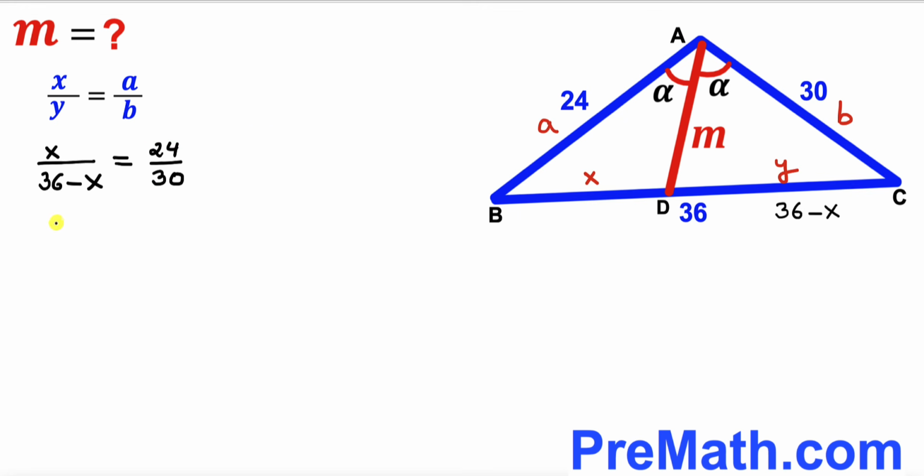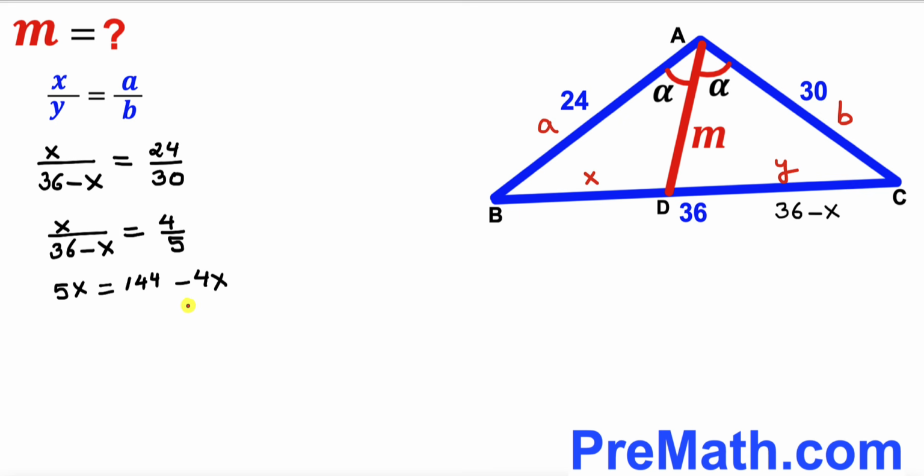So therefore we can write x divided by 36 minus x is going to be equal to 4 divided by 5. And now I am going to cross multiply. So therefore we can write 5 times x equals 144 minus 4 times x.